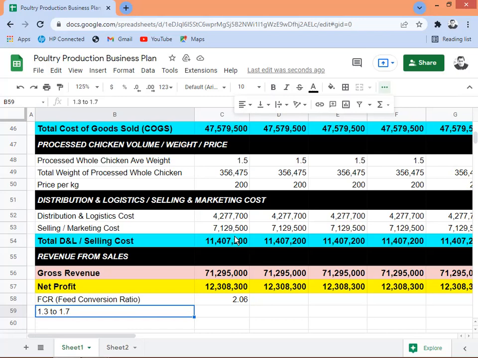Otherwise, remember the cost of the feeds is 60 to 75% of the total cost. That's 3/4 of your cost from feeds. So you have to make sure that you manage the feeding system well so that you will not have a high FCR.